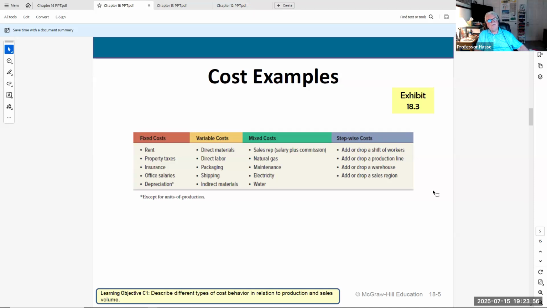But then if you use more power, especially in the summertime, the variable portion of that bill goes up. So you would consider electricity or utilities a mixed cost. You're paying a flat fee plus extra for the usage that you make. That's a mixed cost. But you need to be familiar with what is a fixed cost, which does not change with volume, and a variable cost that changes with volume.